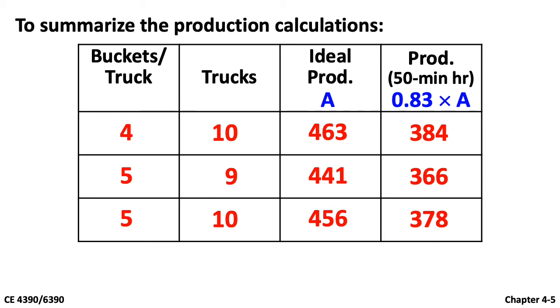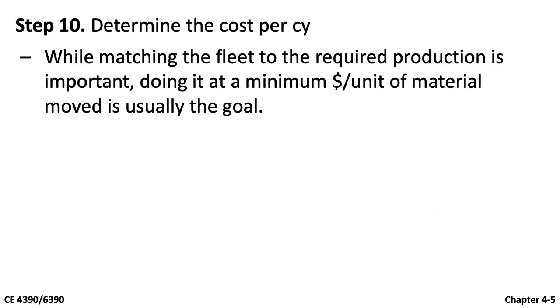To make that decision, you need to calculate the cost for each option. So in step 10, you need to determine the cost per cubic yard. Matching the fleet to the required production is important, but it may be costly. So doing earthwork at a minimum cost per unit of material is usually the goal.